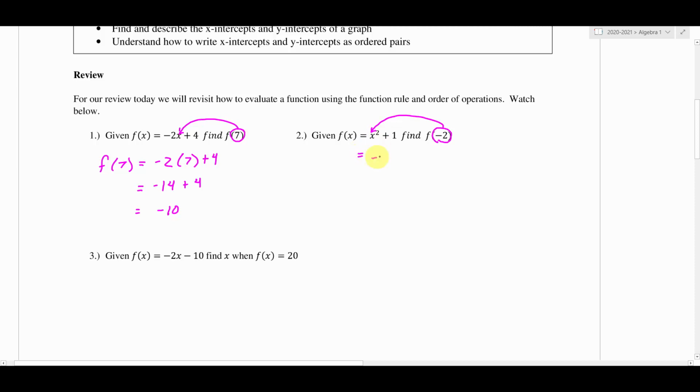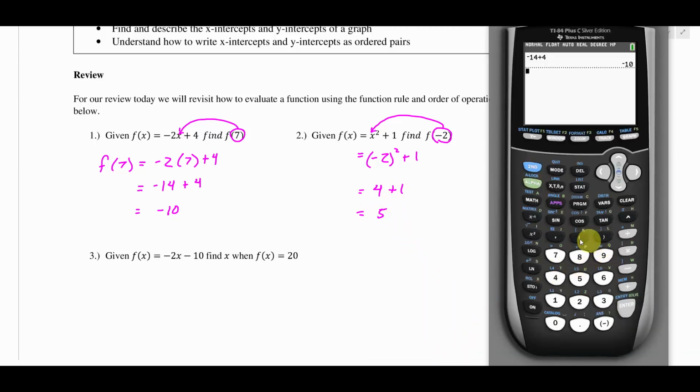So this is going to be negative 2, and I put that in parentheses, squared, plus 1. This tripped us up a lot on the test as well. Whenever we had to square a negative, a lot of you guys said negative 2 squared was negative 4, but negative 2 squared is positive 4, and then you have that plus 1, and 4 plus 1 is 5, and that's what we're looking for there.